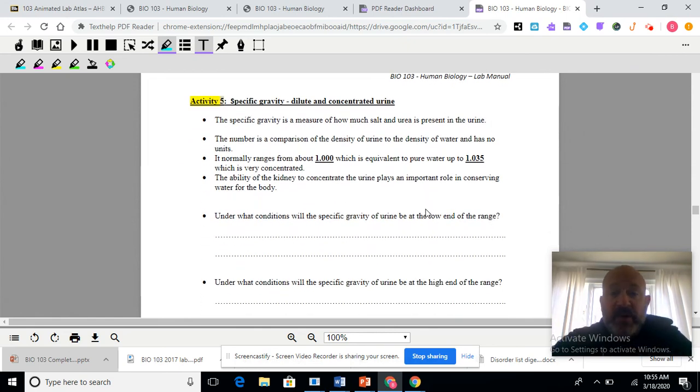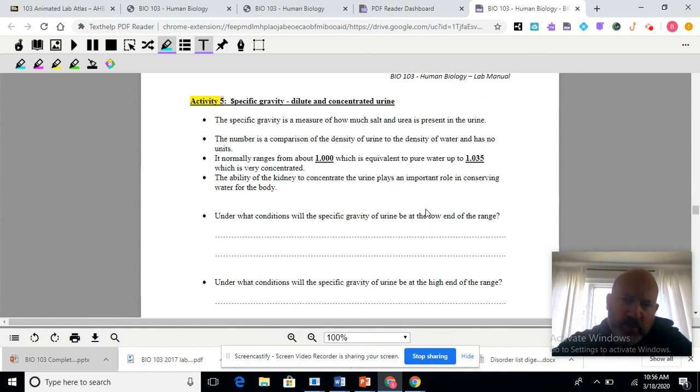Right. Specific gravity is a measure of how concentrated solutions are. It normally ranges from 1.000, which would be pure water. As the solute concentration increases in solution, that number goes up. 1.035 is pretty heavily concentrated, and that's the normal range that urine should be.